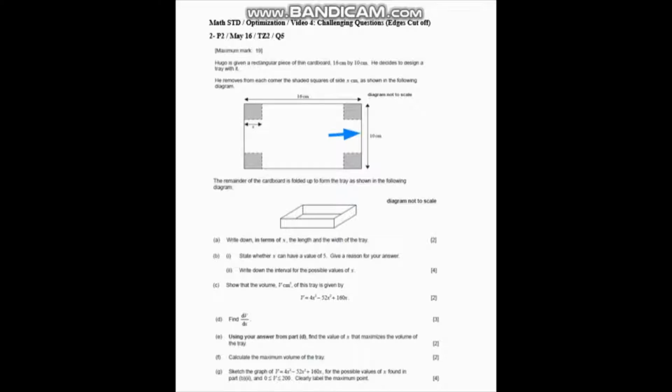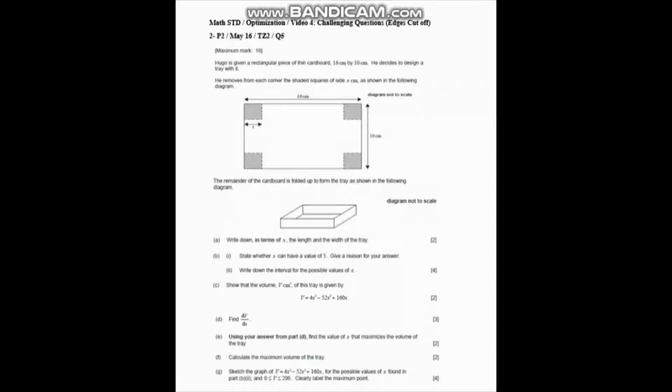So if x were to equal 5, I would have 5 centimeters here and another 5 centimeters there, and the middle component would vanish entirely because the sum of these two components is 10, and this covers up the entire width. So the answer to B(i) is no, you cannot have a value of 5 because the width would be 0.